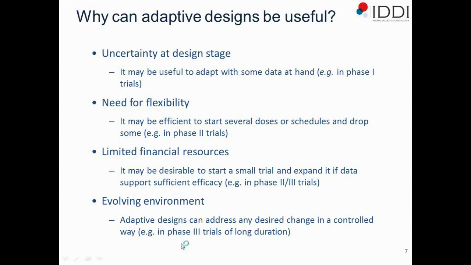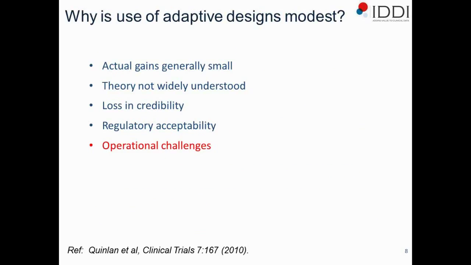And finally, and perhaps most importantly, we live in a fast-moving environment. New drugs get developed, new treatments get implemented or approved, and therefore for any trial of long duration, it's very useful to have the possibility of adapting the design of a trial given the changing environment. And that is sometimes done in phase 3 trials. So these are the main reasons why adaptive designs attract so much interest.